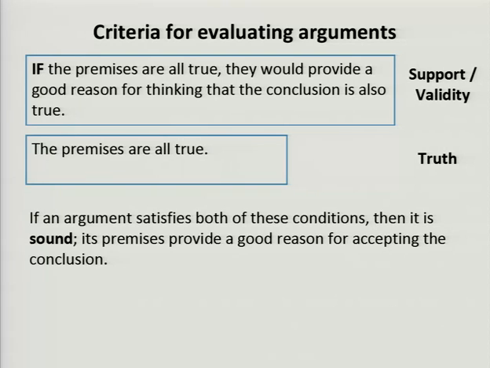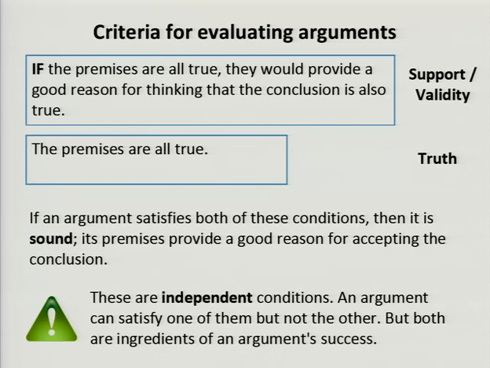So only an argument that satisfies both, that is both valid and has true premises, is going to be sound. So only that kind of argument is really one of which we should say that we should accept the conclusion. So that's one first way of kind of mapping the relationship between these different technical terms.